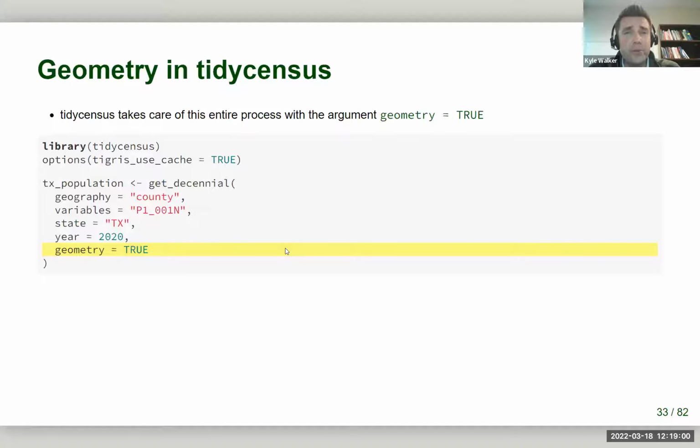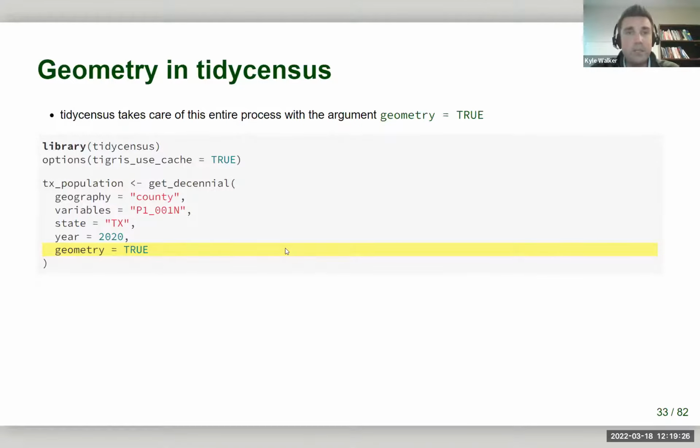Instead of going through the process that I just described on the last slide, what tidycensus includes is an argument called geometry = TRUE. And what geometry = TRUE does is that entire process for you. It identifies, for the location for which you're pulling demographic data, what the appropriate shapes are.